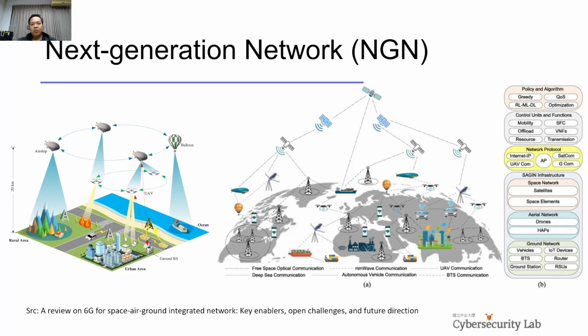And about the next generation network, when we have a connection with the satellite, we will connect to the air, ground, or marine. UAV can connect to the ship, and can connect to remote areas, or to vehicles, smartphones, smart cities.